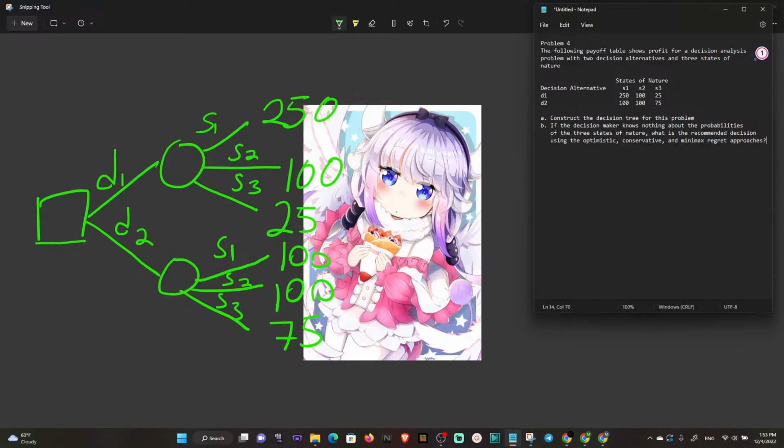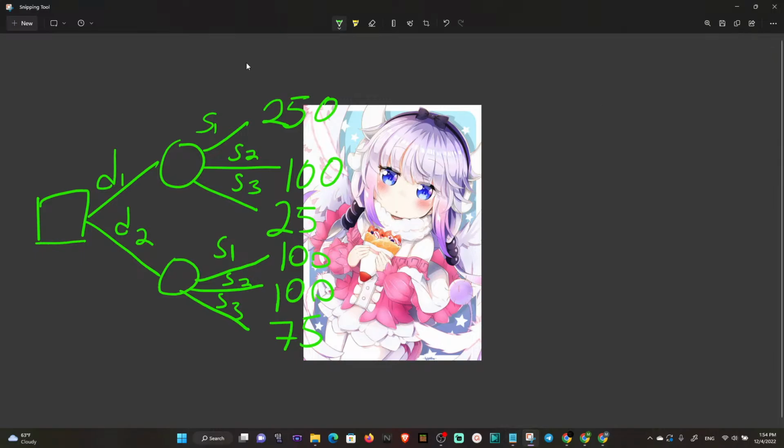For this one, we have to look at the maximum profit. In S1, which one is greater, 250 or 100? 250. S2, 100 and 100 are the same. S3, which one is greater, 25 or 75? 75. This is the optimistic approach. We're starting with the optimistic approach. The minimax, you gotta write the tables now.